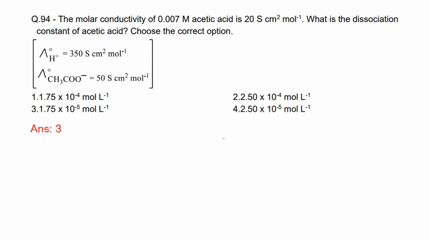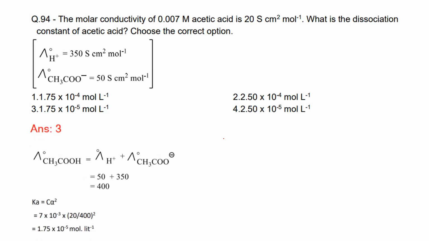For getting that, this is how you can do it. So that is the molar conductance at infinite dilution. So alpha value, how do we get it? Alpha is equal to the molar conductance of the solution at a given concentration divided by the molar conductance at infinite dilution.